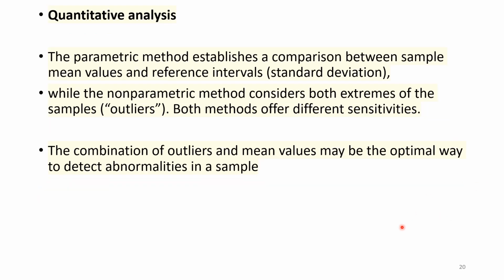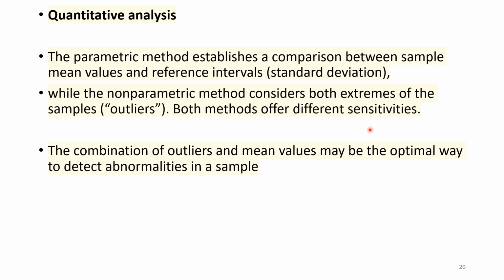Now coming to quantitative analysis, this is done in two methods, parametric and non-parametric. The parametric method establishes a comparison between sample mean values and reference values. That is, we are taking the SD, the standard deviation, with sample mean values and reference intervals. While the non-parametric method considers both extremes of the samples, that is outliers.